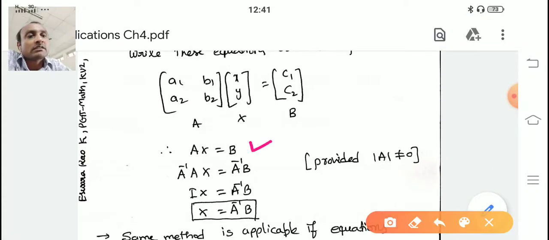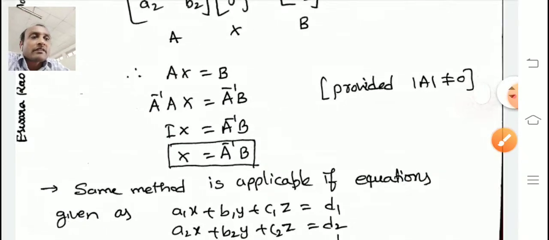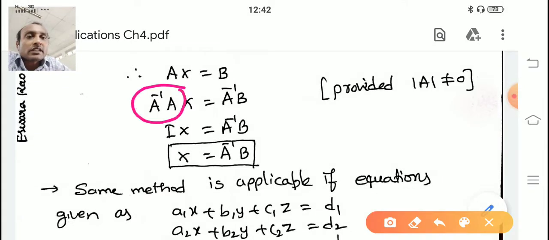First, AX = B is the equation we got in matrix format. Multiply A inverse on the left hand side of the equation. Why am I multiplying A inverse on the left hand side? Because A inverse into A gives the identity matrix, A inverse A is I. That is the reason we multiply A inverse on the left hand side.